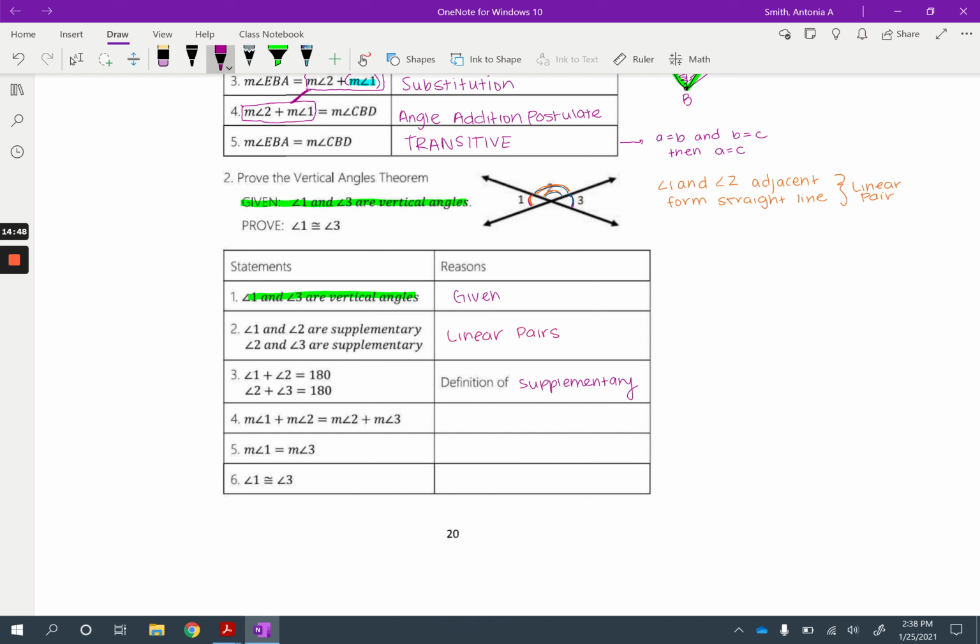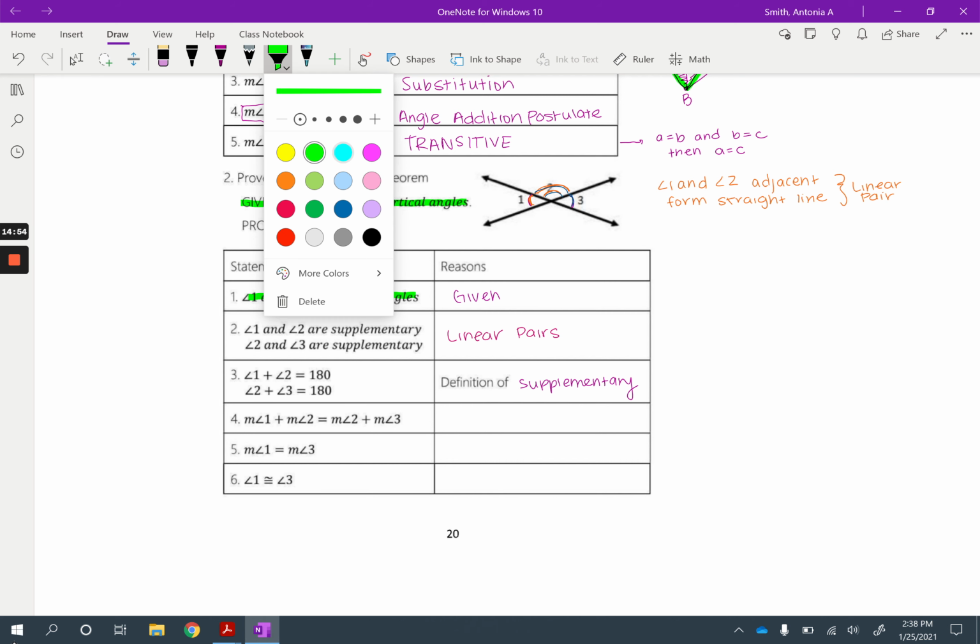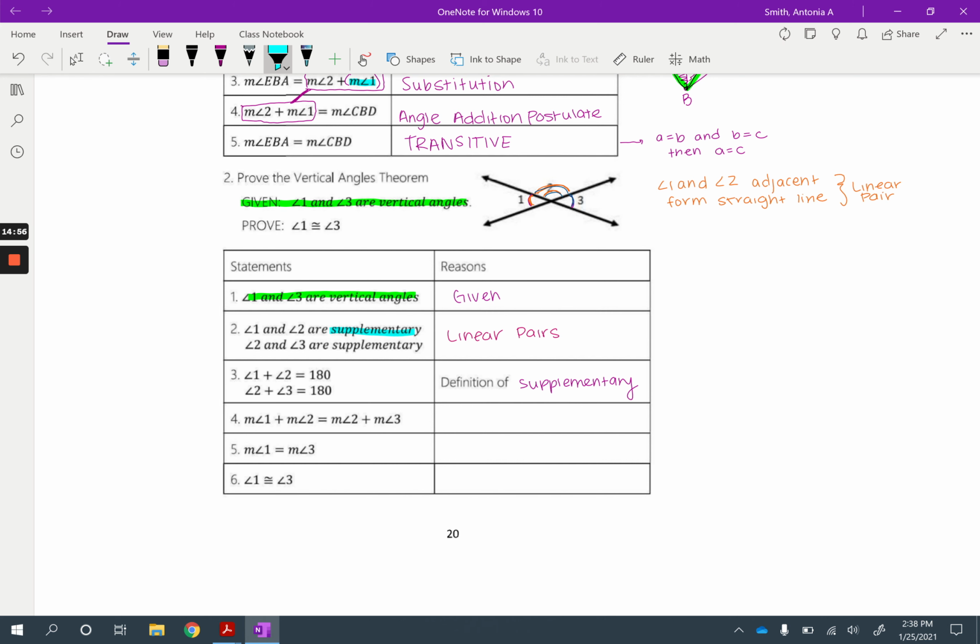The definition of supplementary means that these two things are going to add up to equal 180. Because it says supplementary here, I know that I can add to equal 180. That just is the definition of supplementary. That's why I'm able to do that.